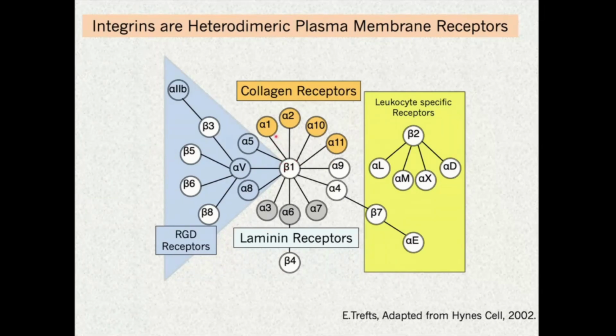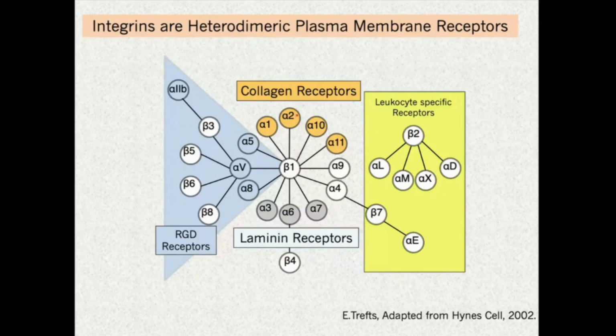So beta 1 with alpha 1, alpha 2, alpha 10, and alpha 11 are collagen binding proteins. And I'm going to focus on beta 1 and then alpha 1 and alpha 2.